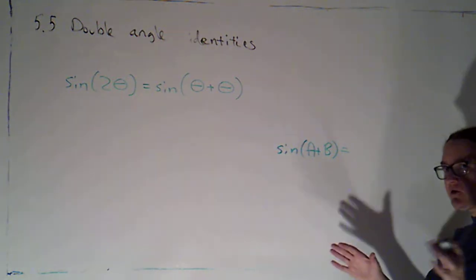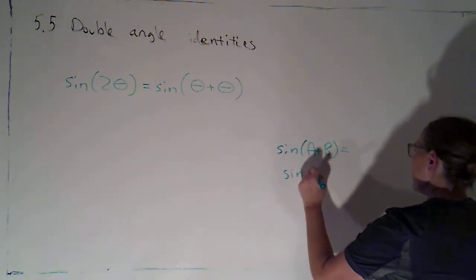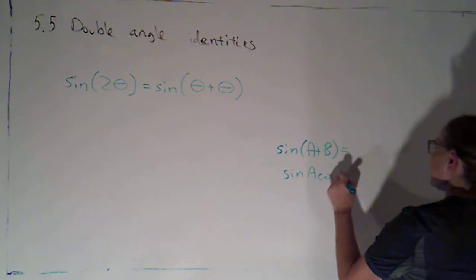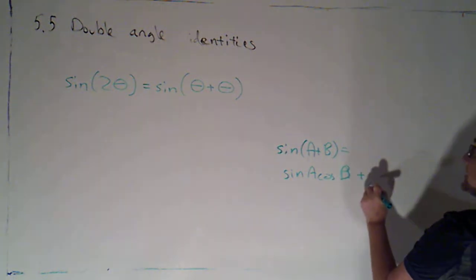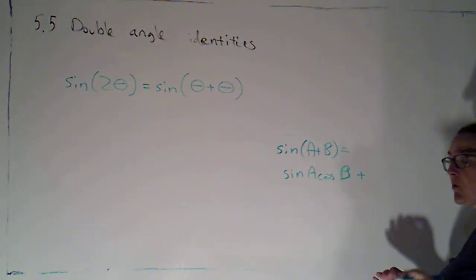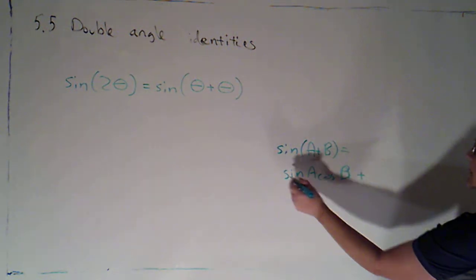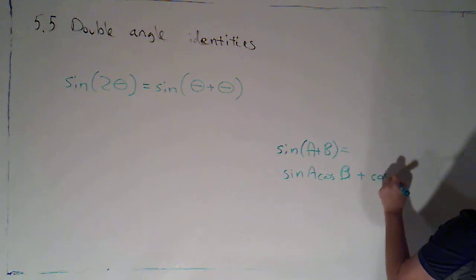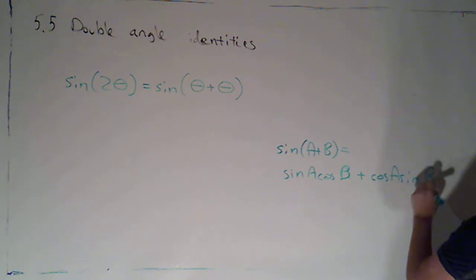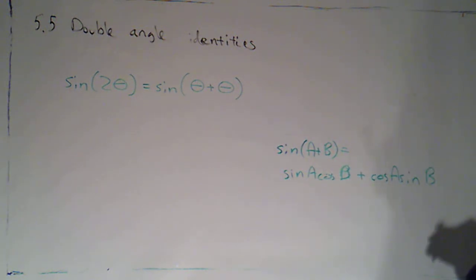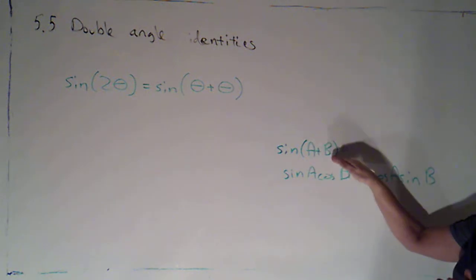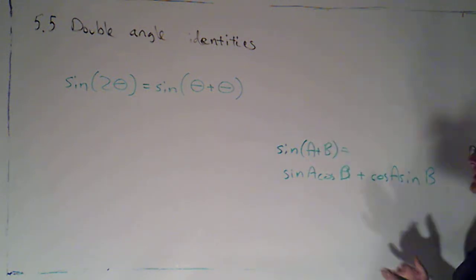Remember, sines are social, so when they go to a party, they talk to the cosines. So we get sine A cosine B plus, being social is a very positive quality, at least if you're not in the middle of a pandemic. So sine A cosine B plus cosine A sine B. I'm going to take this formula and replace both A and B with theta.